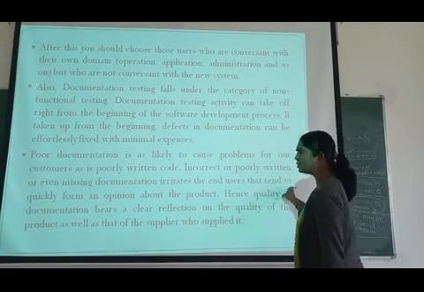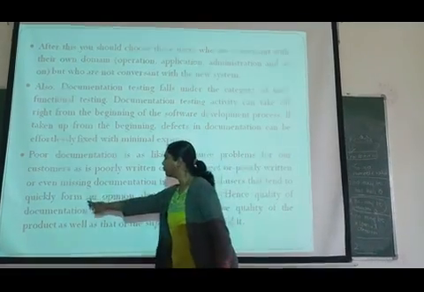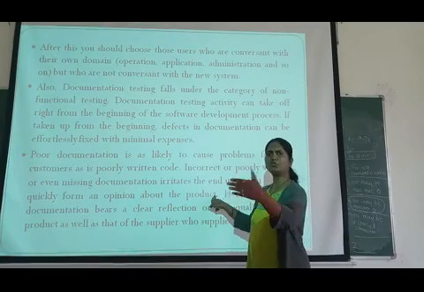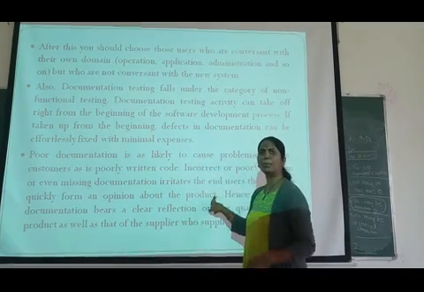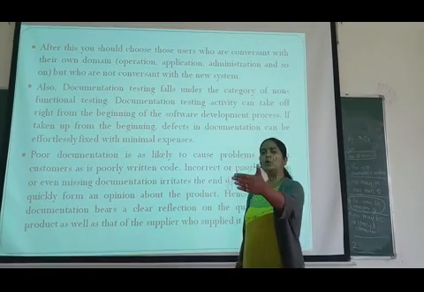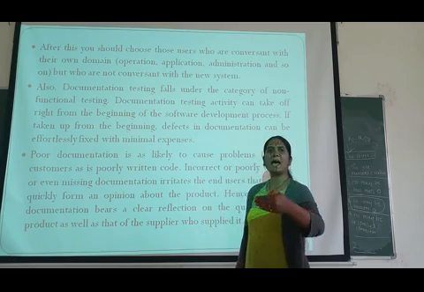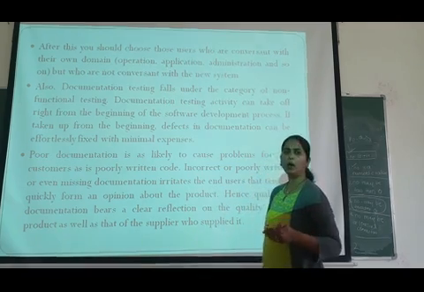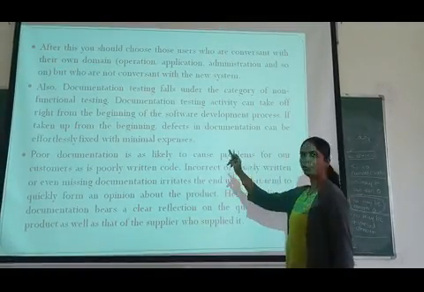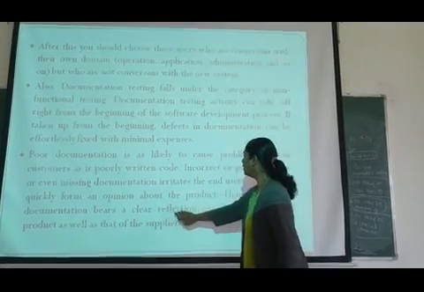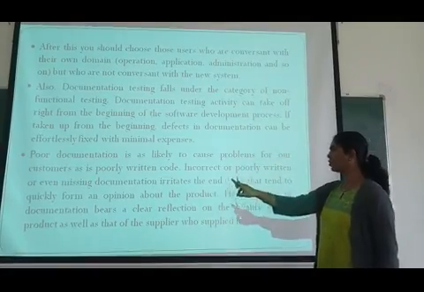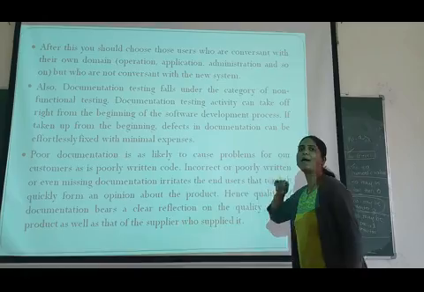So users quickly form an opinion about the product. According to that, they are going to judge your product and give an opinion: that your application or your product is not as per our expectations. So hence the quality of the documentation bears a clear reflection on the quality of the product as well as of the suppliers who supplied it.